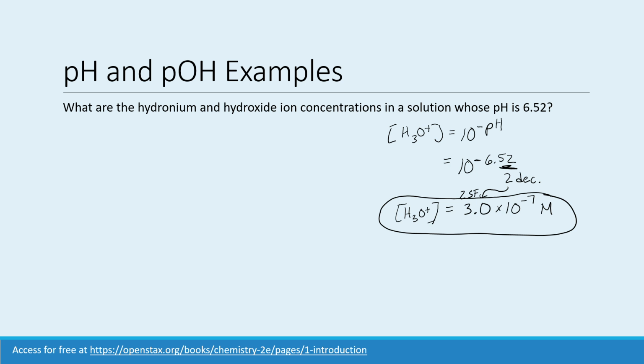Okay, now they also want us to find the hydroxide ion concentration. So, of course, you could take that hydronium ion concentration as well as your Kw value, that 1 times 10 to the negative 14th, and solve it that way. But personally, I like to first find the pOH and then take the 10 to the negative power.